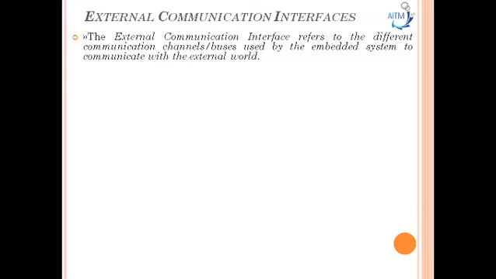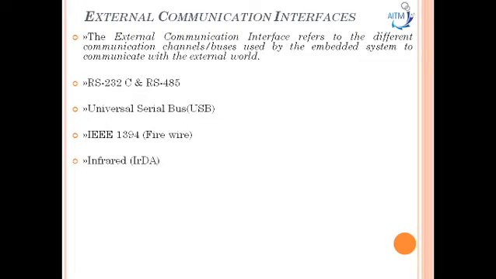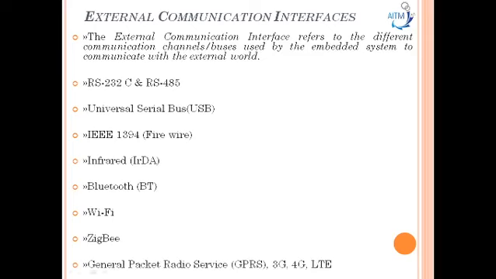In the external communication interfaces, it uses communication channels or buses like RS-232 cable and RS-485 cable. Then it uses USB, then IEEE 1394 FireWire. Then it uses infrared, Bluetooth, Wi-Fi, Zigbee technology, then GPRS, 3G, 4G, LTE.